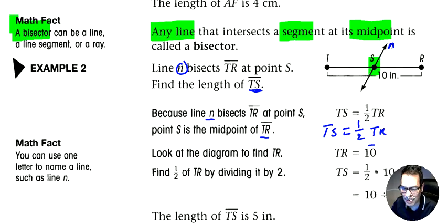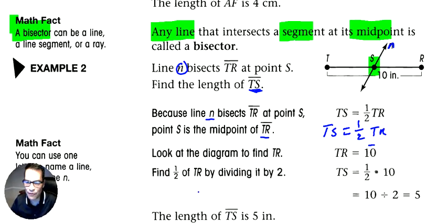Therefore, TS is going to be 1/2 times 10. So TS is 10 divided by 2, which equals 5. So the length of TS is 5, and our unit of measure is inches. So the length of TS is 5 inches.